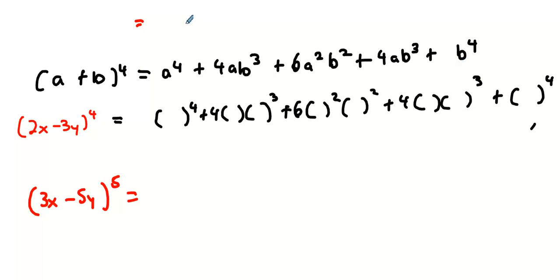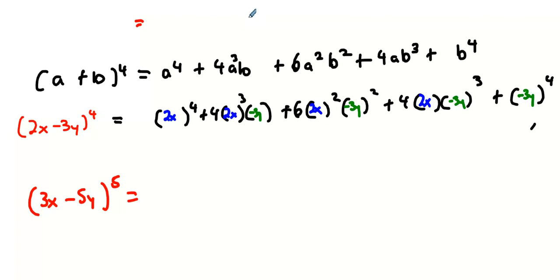Yes. Oh, it is. Sorry. It's 4a cubed b on the second one. Now, Dave, what goes in here? 2x, yeah. Here? Just fill in all your 2x's, yeah? And then what did you have after that? Yeah. Okay.